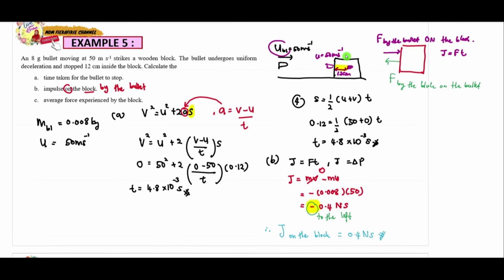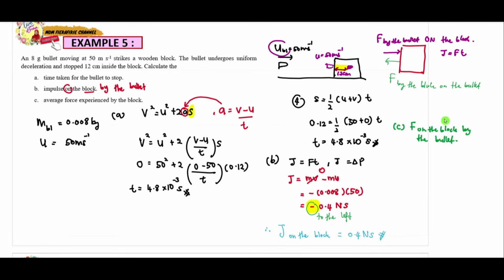So question C. Saya nak tulis kat mana ni? Question C, we want to calculate average force experienced by the block. Average force experienced by the block maknanya pada block itulah. On the block daripada siapa? Force exerted, mestilah force exerted by the bullet.